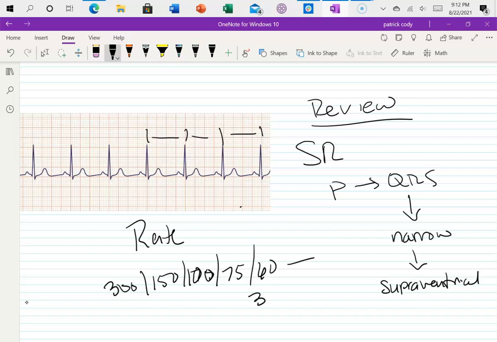Or we can use 300 divided by the big boxes, or 1500 divided by the small boxes. And then finally, we talked about judging the regularity of a rhythm, also based on this R to R interval, and how regular they come with respect to each other.